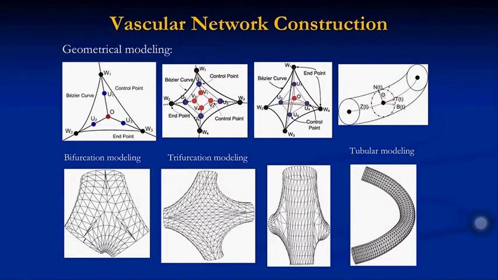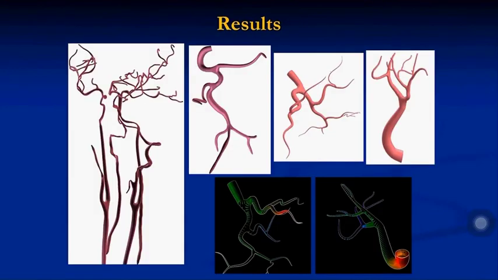This picture shows the vascular network construction. The geometrical modeling includes bifurcation modeling, trifurcation modeling, as well as all sorts of tubular modeling. This picture shows the visualization results of the blood vessels abstracted.